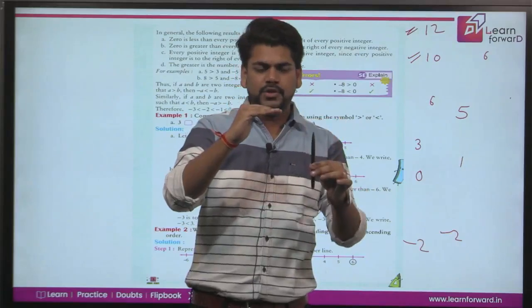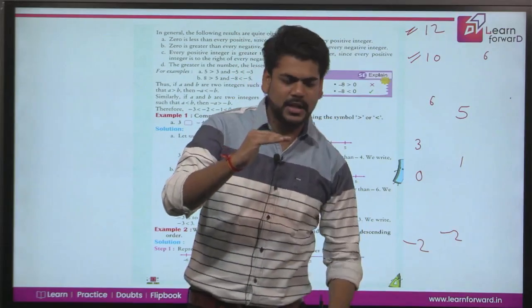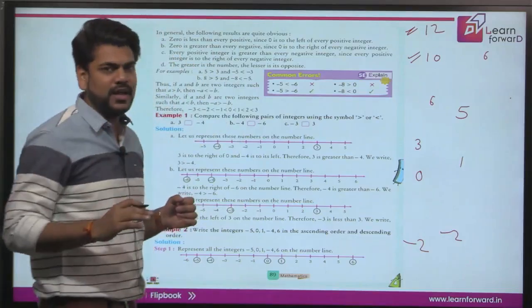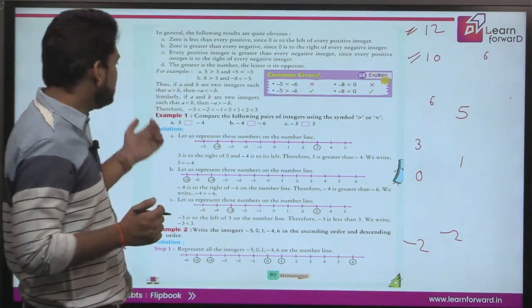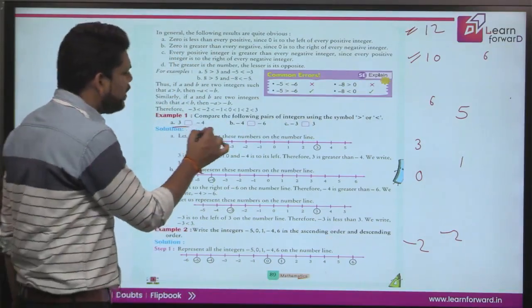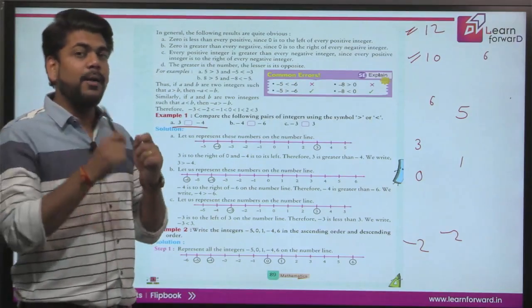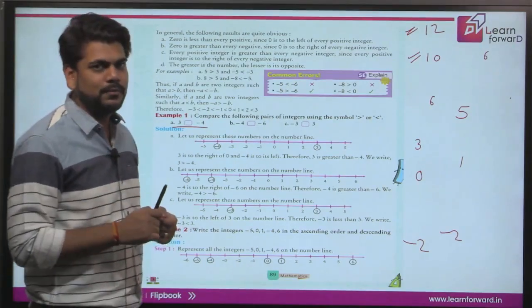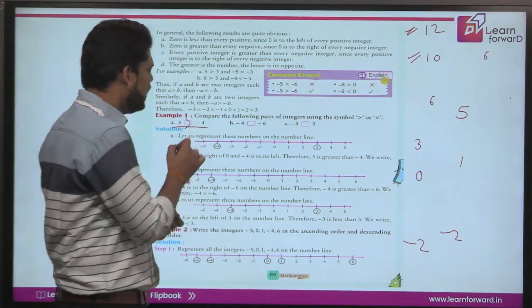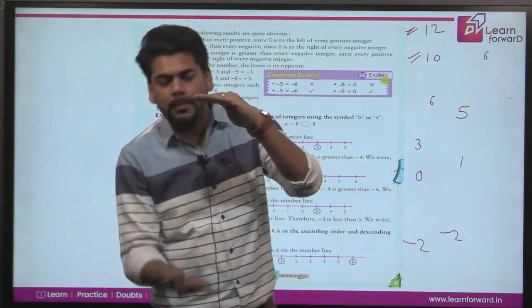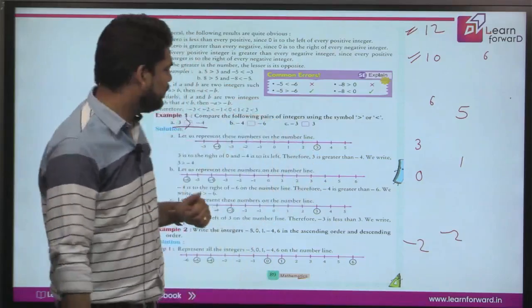Now -1, -2, -3, -4: whichever number is greater will be above. Let us read some examples. 3 and -4: which floor is above? The answer is 3, because 3 is above 0 and -4 is below 0.